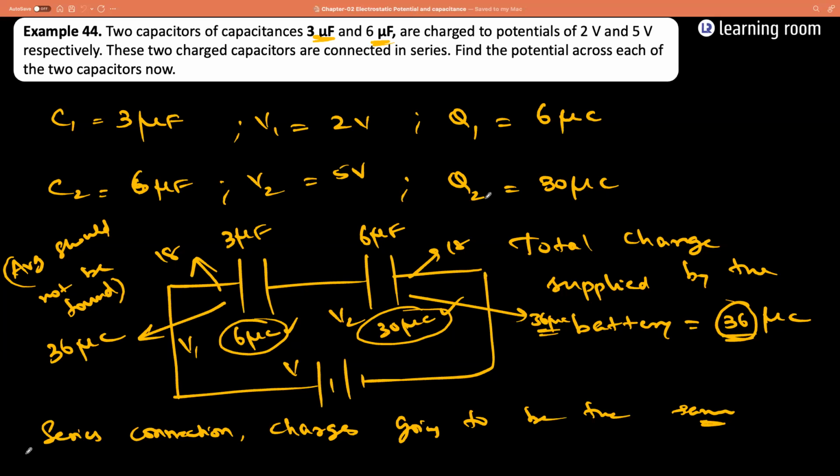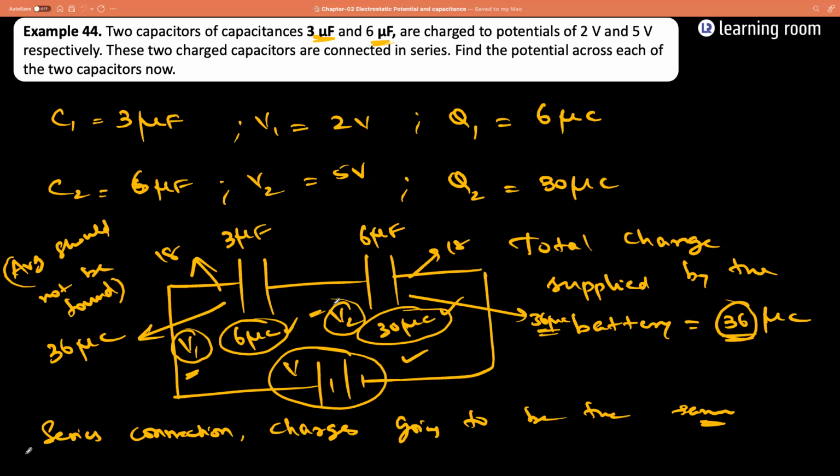Now, you're saying you need not draw that battery. Is this your point? Yes, sir. But it doesn't make any difference. If I take that to be V, they're asking V1 and V2. Had the problem been such that we need the total potential across the system, then this battery is needed.